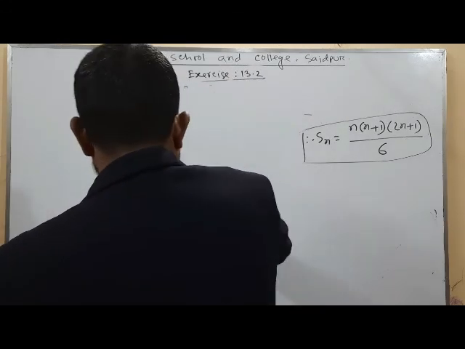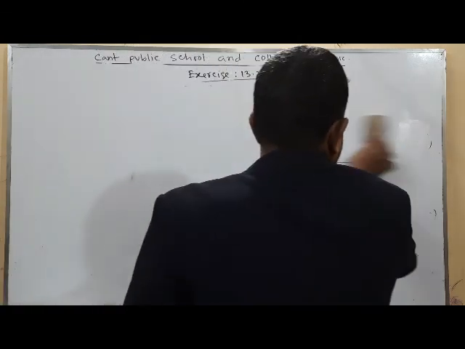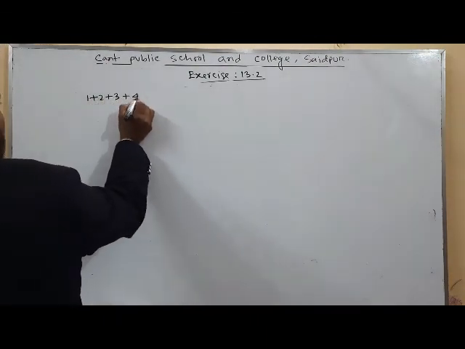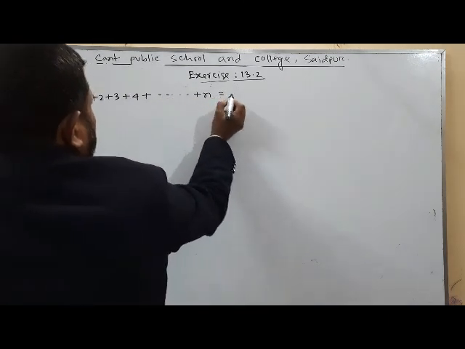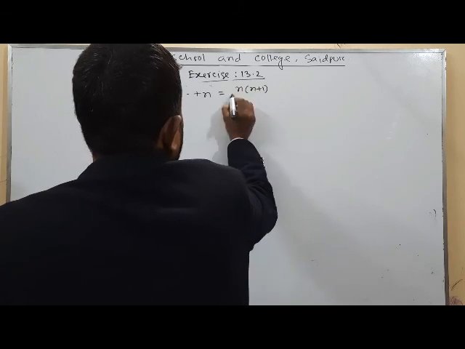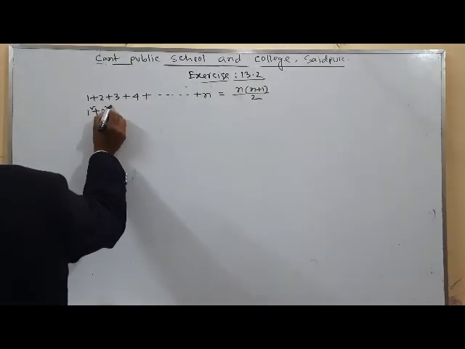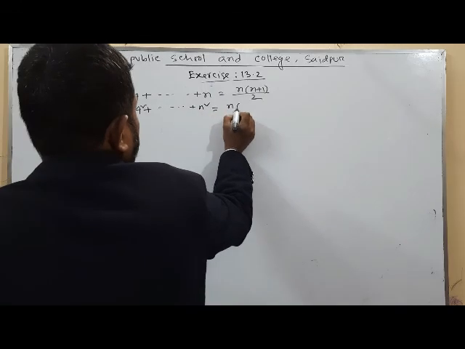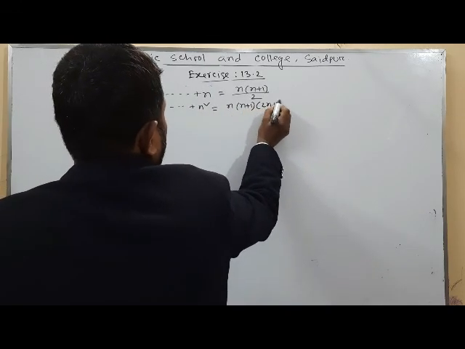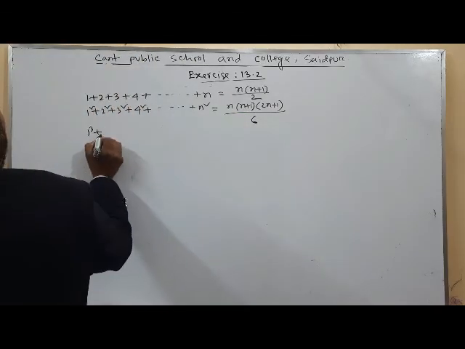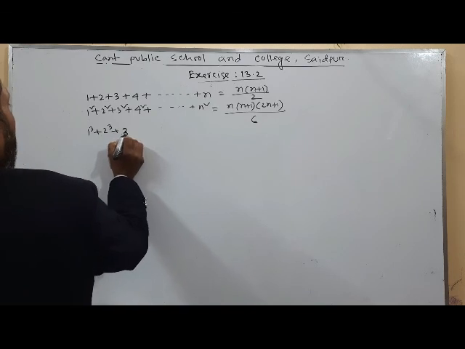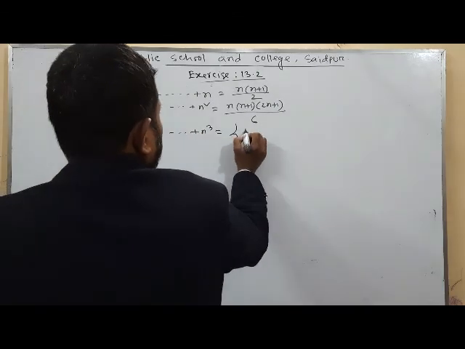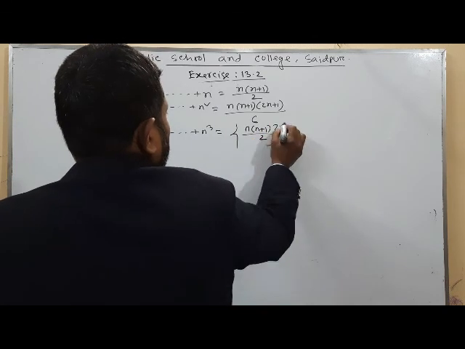I am writing some necessary formulas for this chapter. 1 plus 2 plus 3 plus 4 plus up to n is equal to n into n plus 1 by 2. 1 square plus 2 square plus 3 square plus 4 square plus up to n square is n into n plus 1 into 2n plus 1 by 6. 1 cube plus 2 cube plus 3 cube plus 4 cube up to n cube will be n into n plus 1 by 2 whole square.